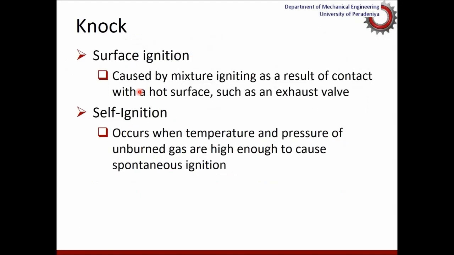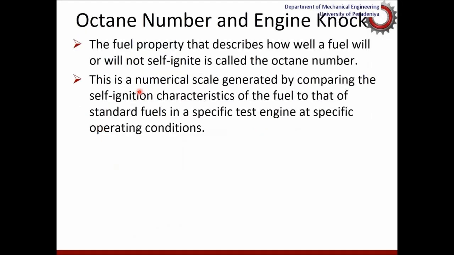And the other mechanism is self ignition. As a result of the high pressure and temperature within the unburned gases, there can be spontaneous auto ignition within the unburned gases. We use a parameter called the octane number of a fuel to characterize the fuel based on its tendency of knocking. So the higher the octane number, the less the tendency for auto ignition.